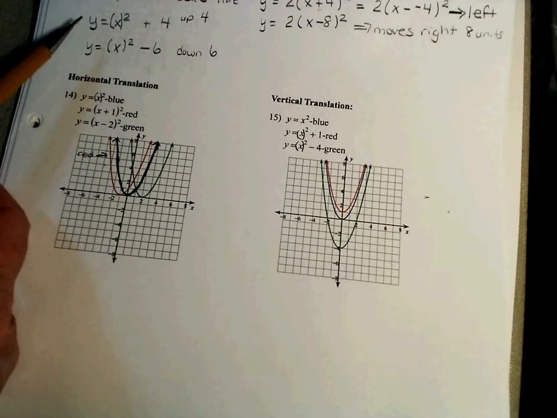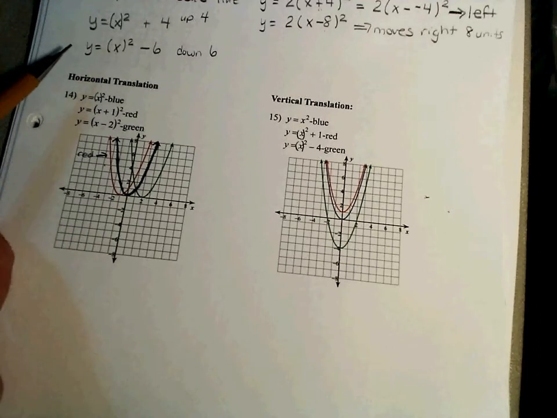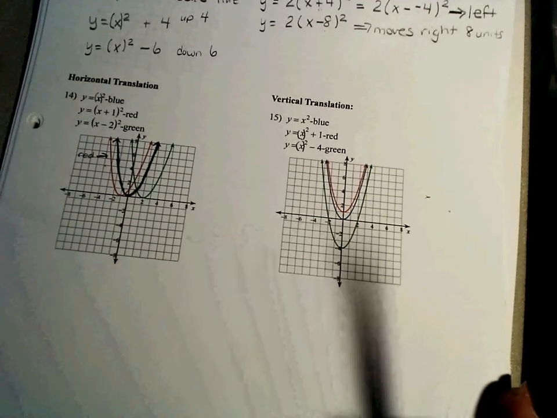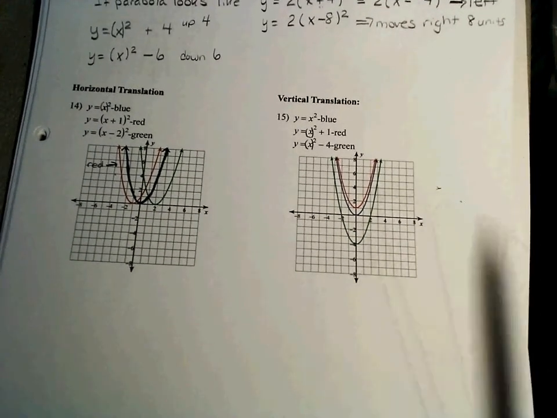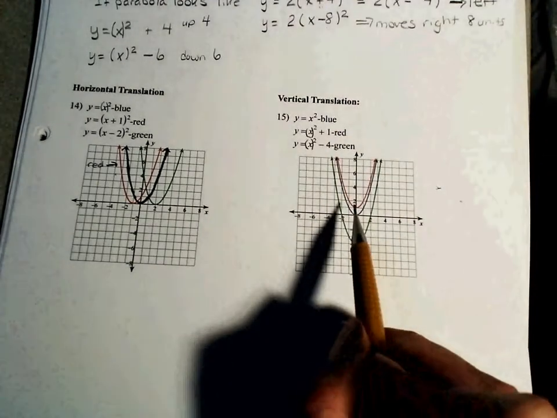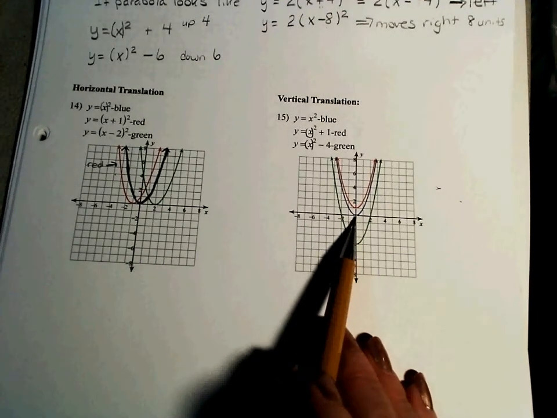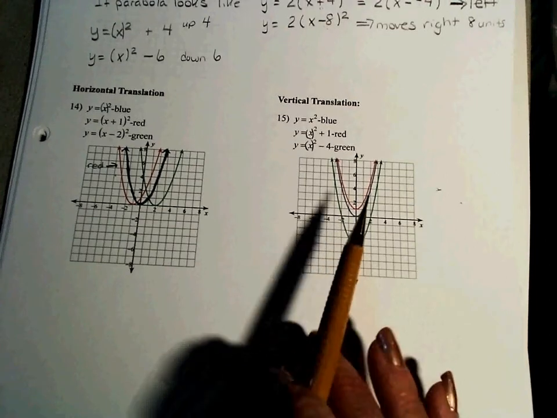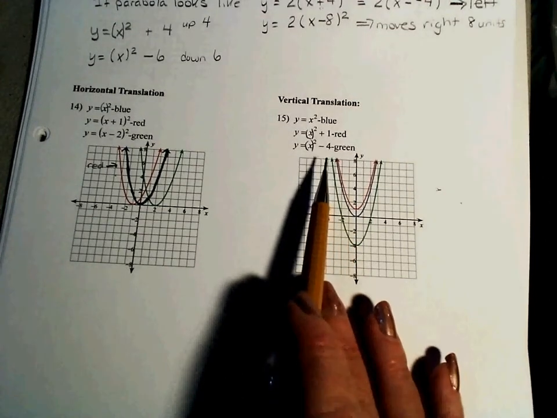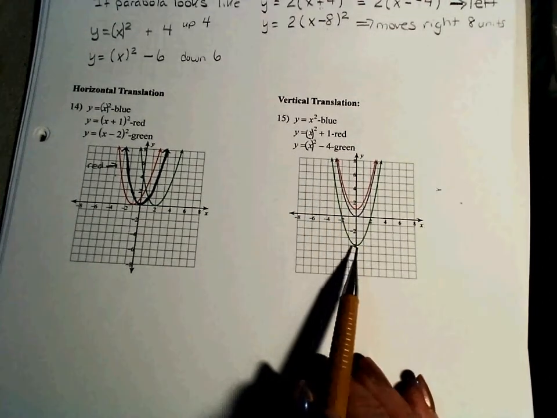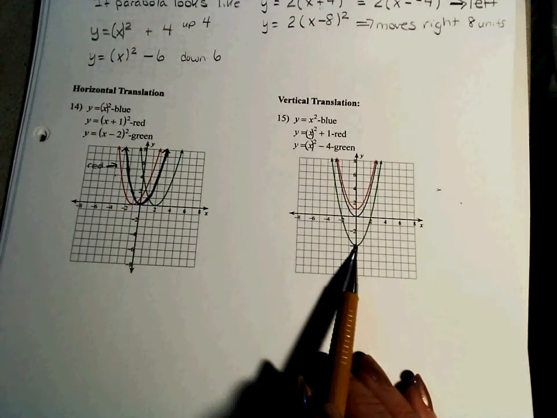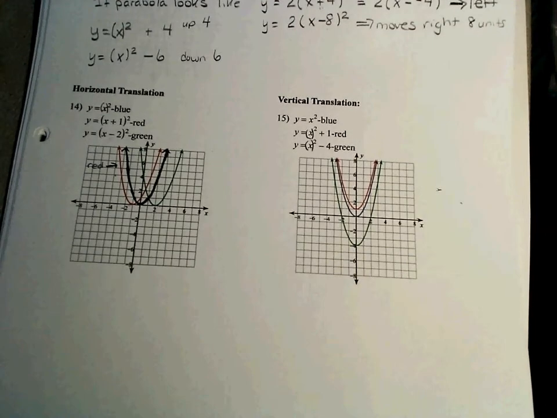If you look at my example, a plus at the end moves it up, a minus at the end moves it down. So the red one is this one right here, the top one. It's moved up 1. The blue one, the parent, is this one in the middle. It's at 0, 0. And the minus 4 is the green one. It's moved down 4.